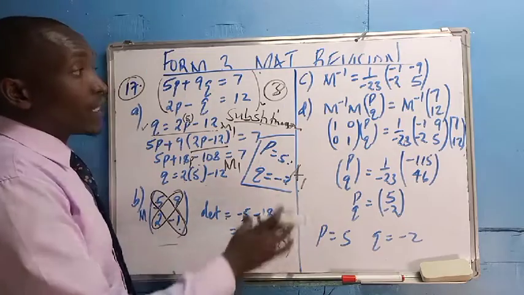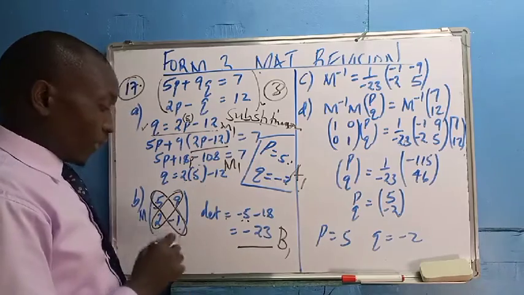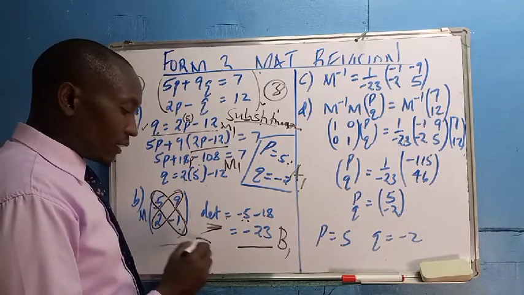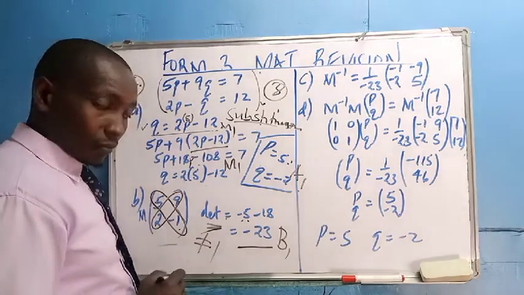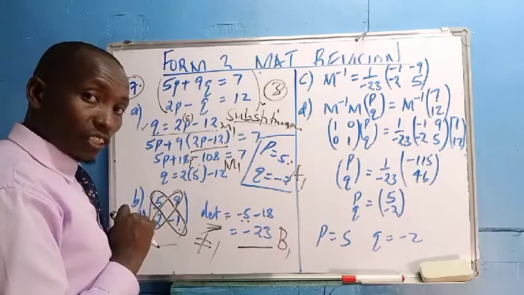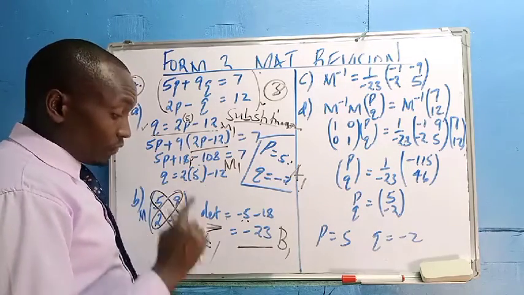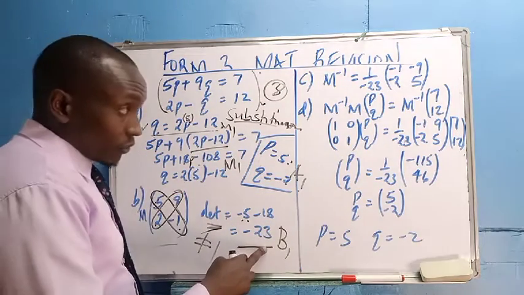Having done that, we can now go ahead to get the inverse of that matrix. For any matrix whose determinant is equal to 1, we could just take these two terms and interchange them, then these two assume different signs. But for this one, the determinant is not equal to 1.